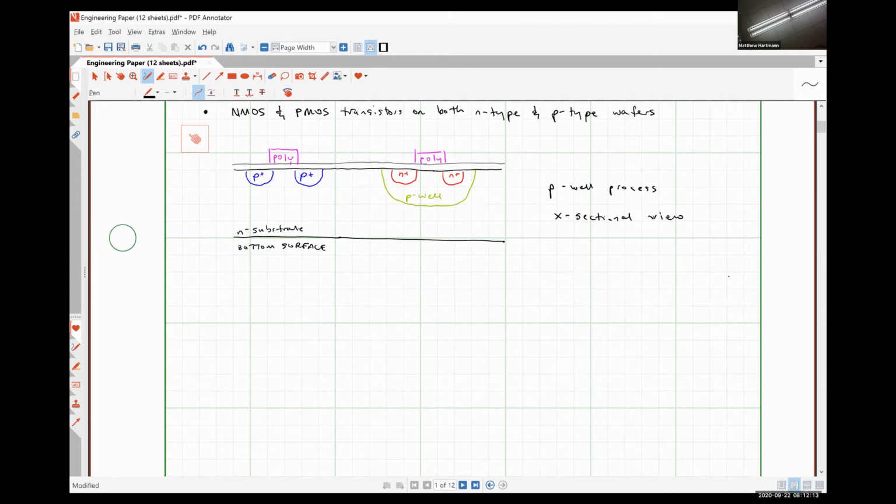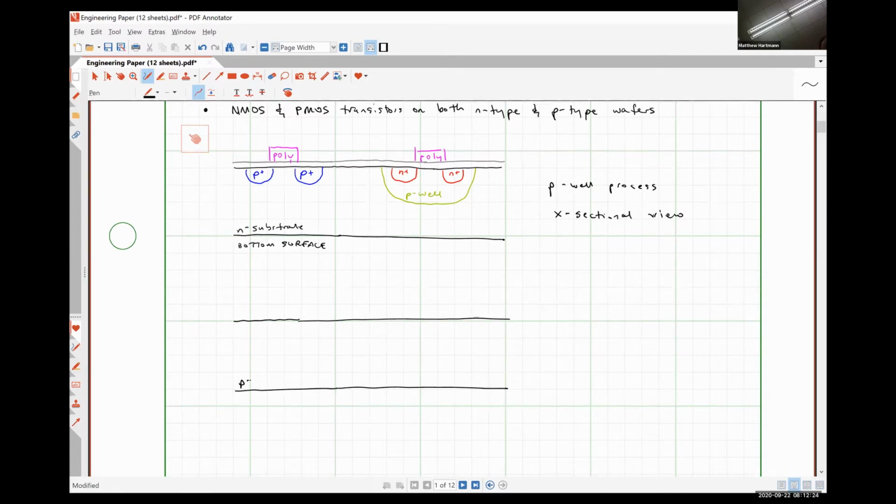And now here, let's say that we have a P substrate. Let me draw my insulation layer, or oxide layer.